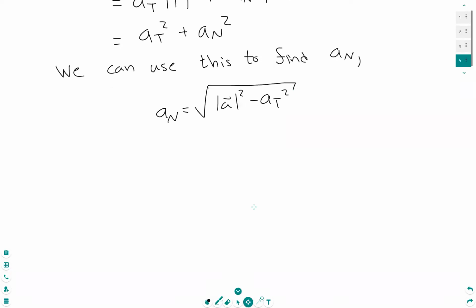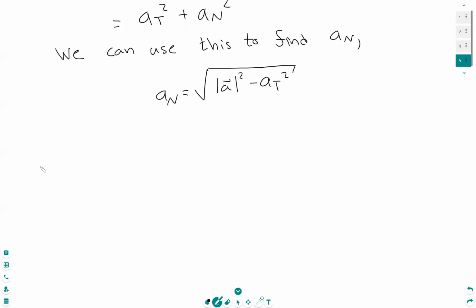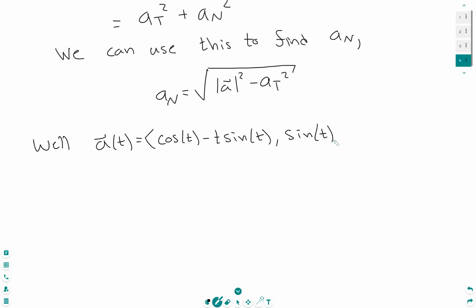So instead of finding curvature and all that, what I could do is, well, our acceleration vector, we take another derivative and we get cosine of t minus t sine of t, sine of t plus t cosine of t, 0. So just differentiated velocity.